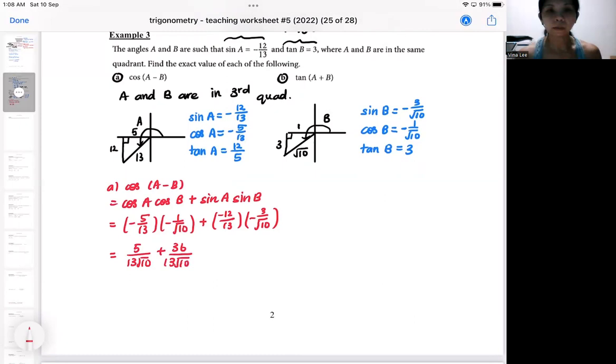Okay, and then you simplify properly. You simplify with your rationalization.